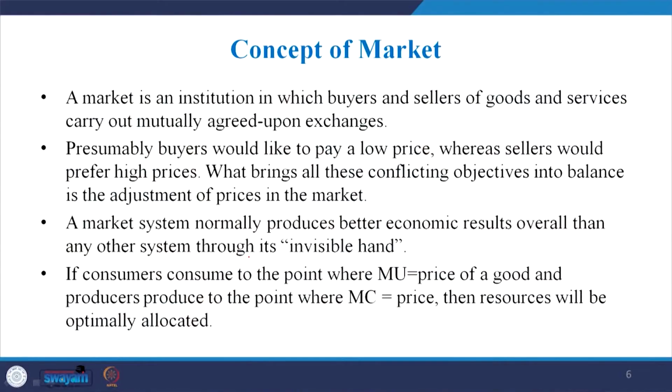Next is the concept of the market. So, what do we mean by market? A market is an institution in which buyers and sellers of various goods and services carry out mutually agreed upon exchanges. So, in a market we have buyers as well as sellers.